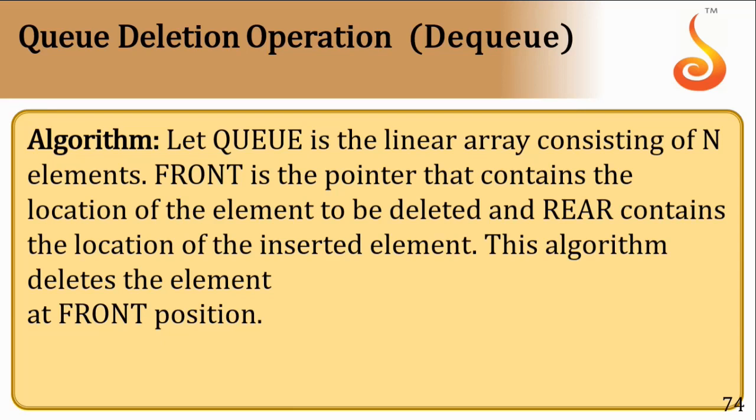Once filled to the maximum, rear points to the n minus 1 location, and until you delete the n minus 1th element, it will have data and it will always show me queue full.